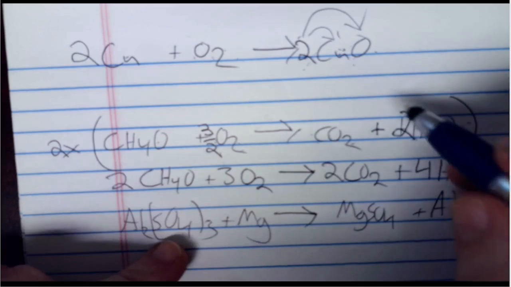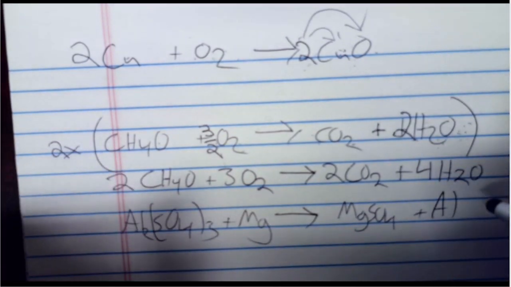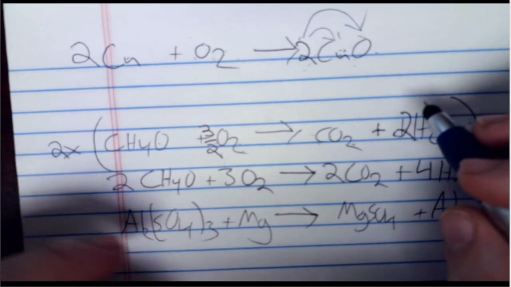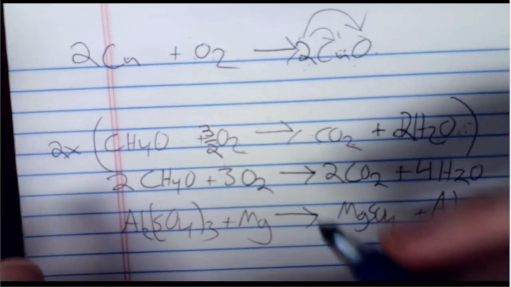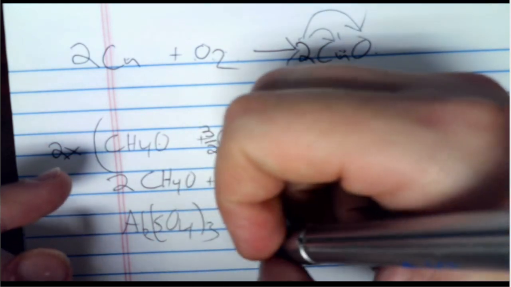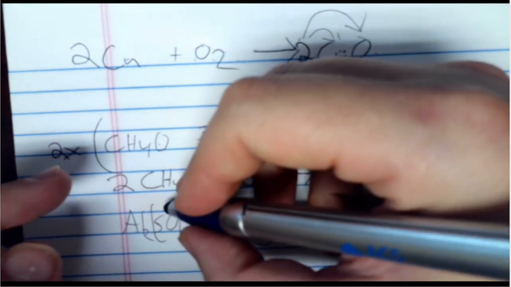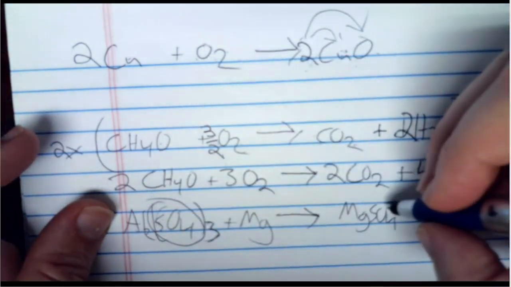When we are dealing with this, so aluminum sulfate and magnesium goes to magnesium sulfate and aluminum. You can absolutely treat all of the atoms individually. Balance the sulfurs, balance the oxygens. However, it is easier to leave the sulfate as one unit.